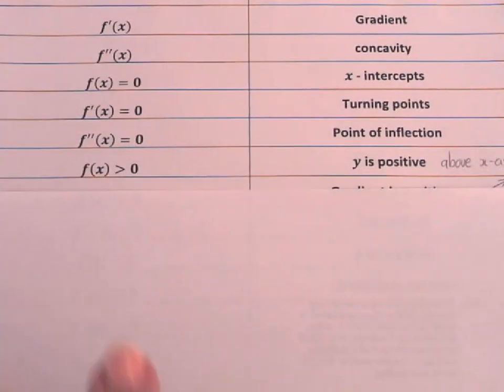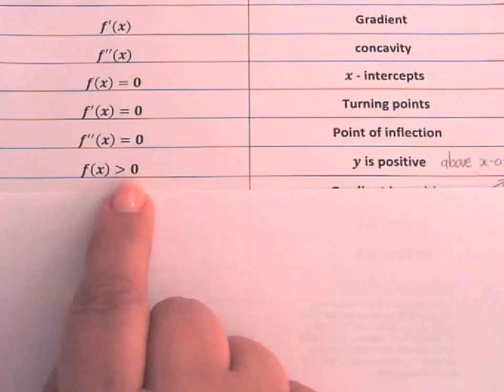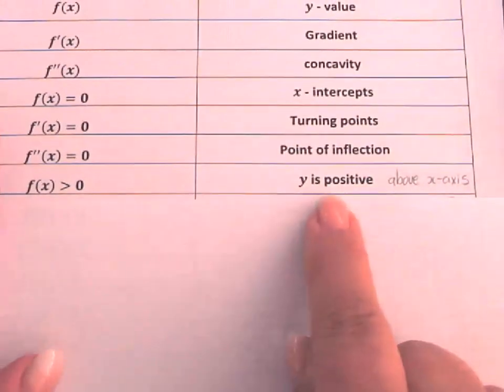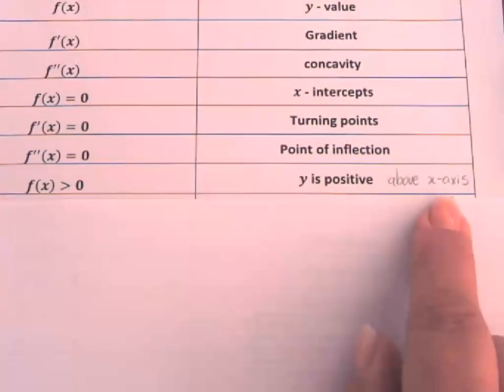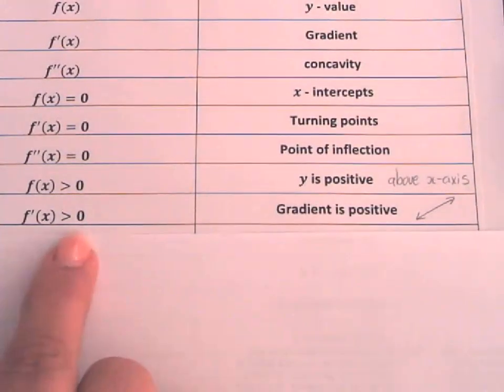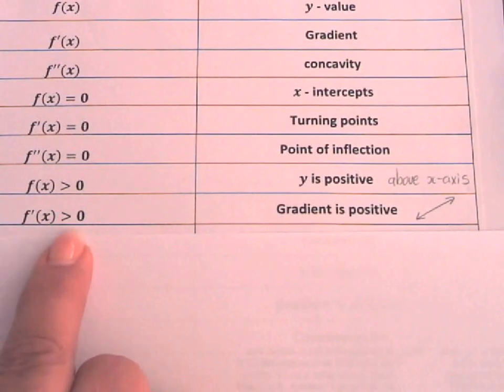If I tell you the y value of the function is larger than 0, it means I want to see the picture of the graph which is above the x-axis. If I say the first derivative is larger than 0, it's actually the gradient is positive.